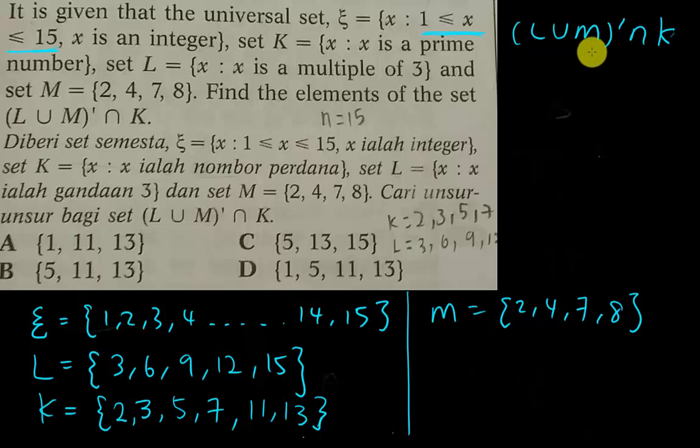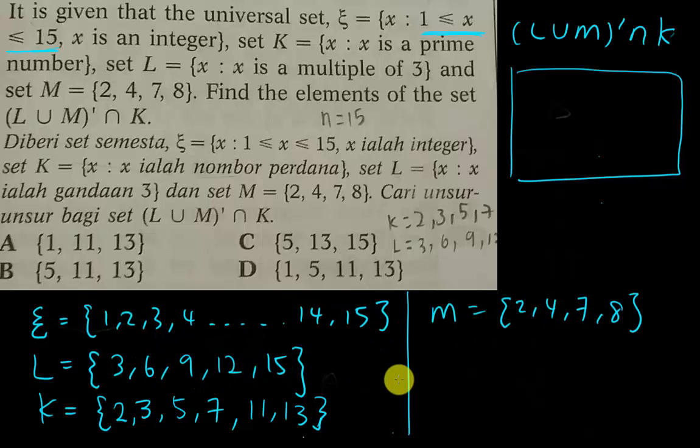So just now I said if you have L union K, so let me sketch out the thing. Okay, L and K, L union M. So let me see L and M, do they share anything in common? They do not have 2, 3, 6. Okay, they do not share anything in common. So the first thing from here, I know L and M do not intersect.